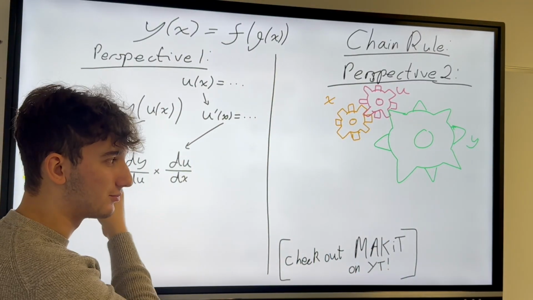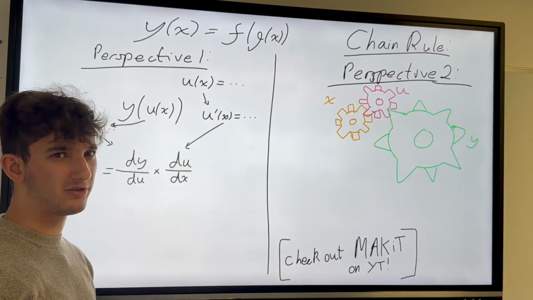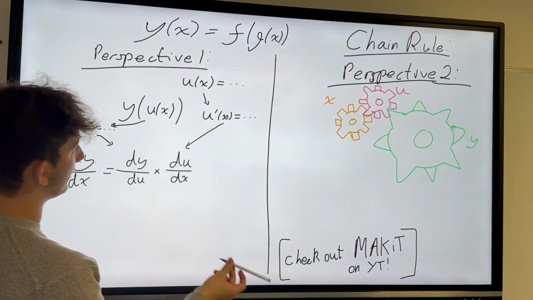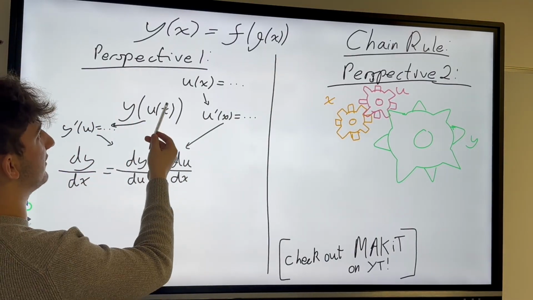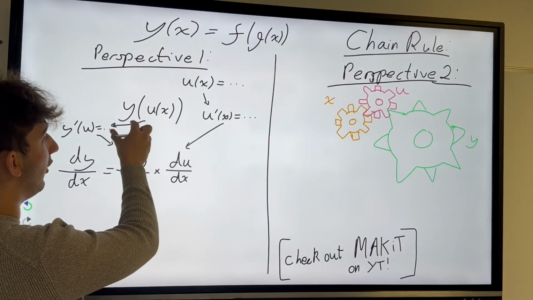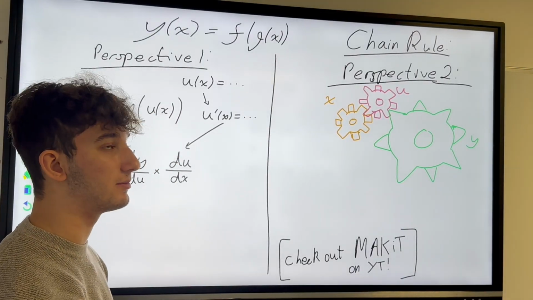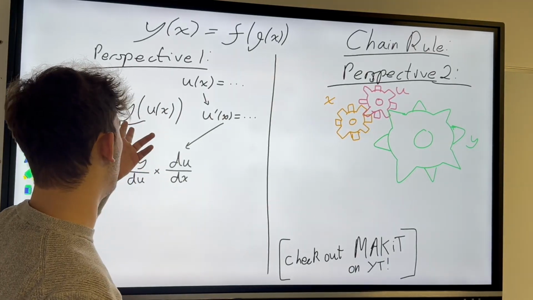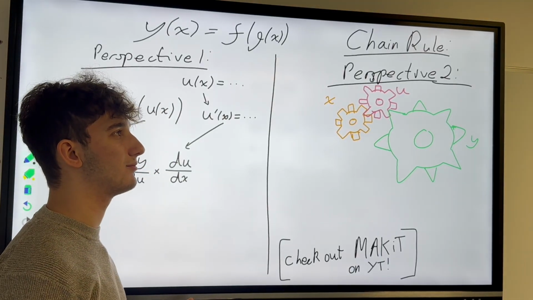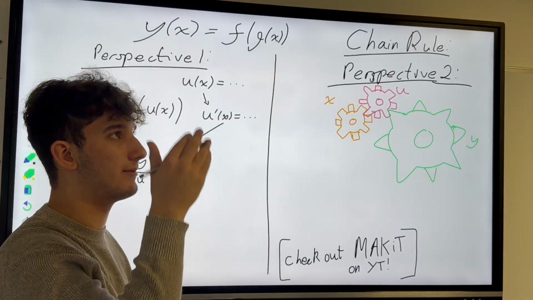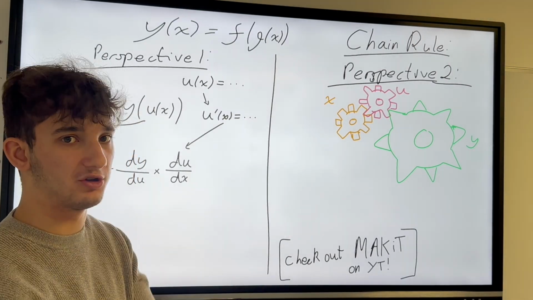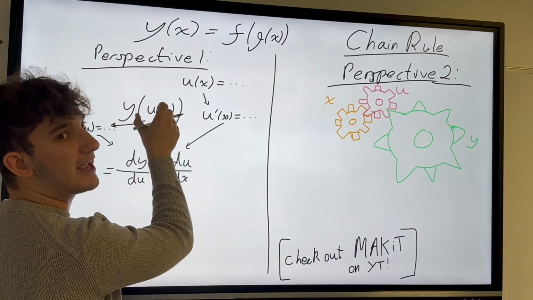First perspective is not really correct, but I thought I'd show you anyway. If you've got some kind of function like y of u of x, u could be x squared, x cubed, it could be sine x, whatever. And y could be anything like sine, e to the whatever, you don't know what it is. You just know it's a function. Essentially a function in a function.